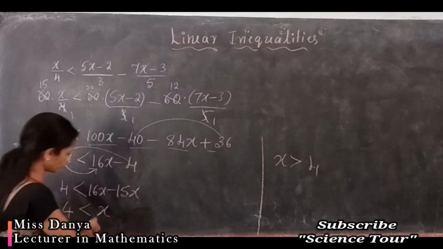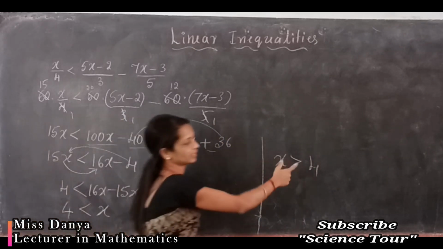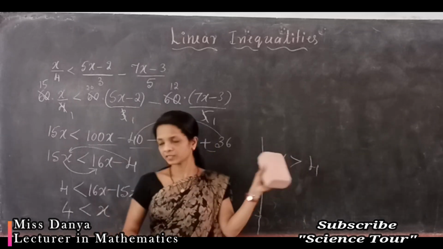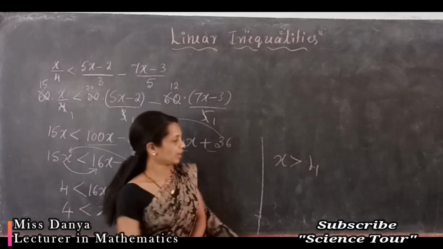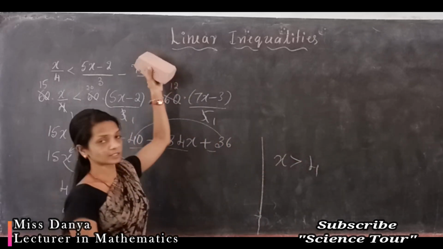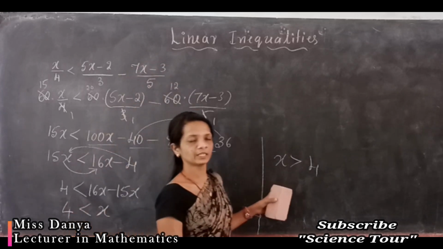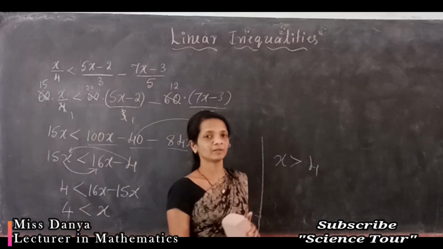The x side, which side of the symbol is it on? The x side is the larger side of the symbol, so x greater than 4 is another form of this. Now by looking at this you have to write the real number solutions of this inequality. Real number solutions means you have to write the solution in interval form.